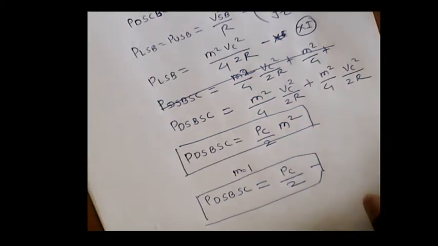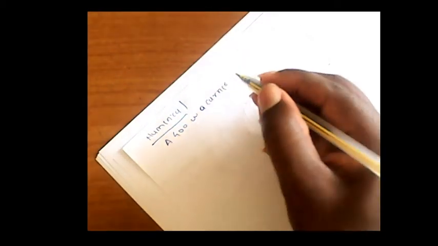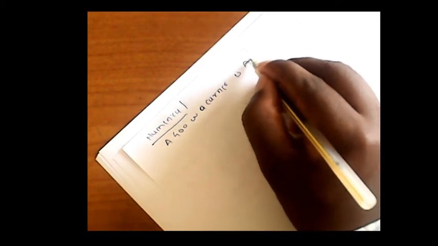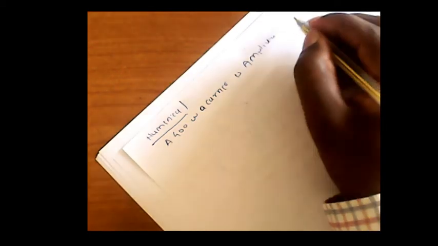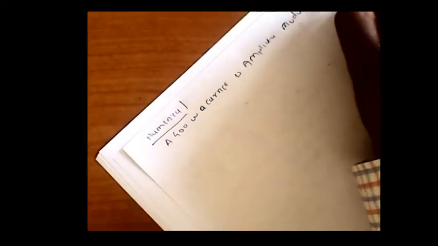So we consider one of the numericals on this base. Numerical based on double sideband suppressed carrier: A carrier wave of 400 watt is amplitude modulated to a depth of modulation.